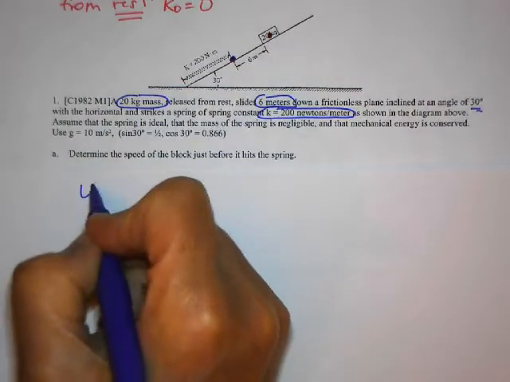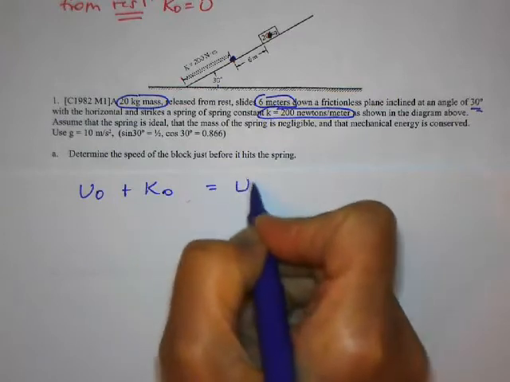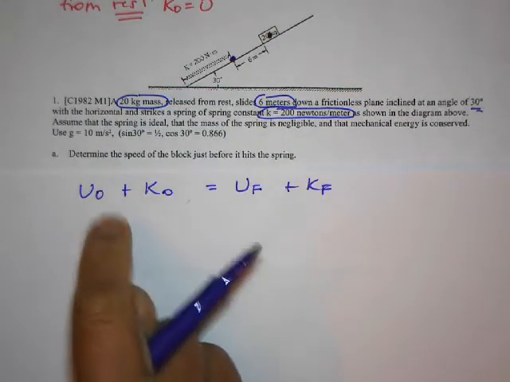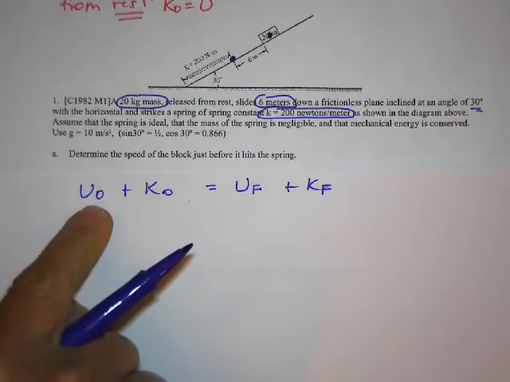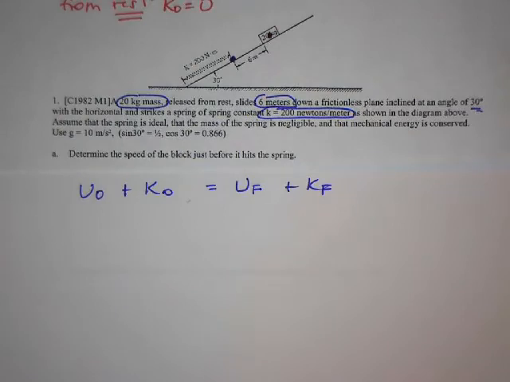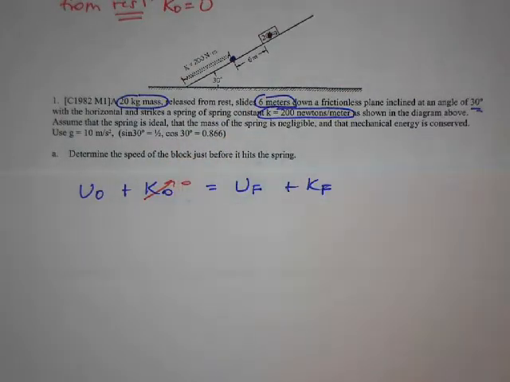So I'm going to say U naught plus K naught is equal to U F plus K F. This is the gravitational potential energy because it hasn't hit the spring yet. At the top, because it starts from rest, the kinetic energy is 0.